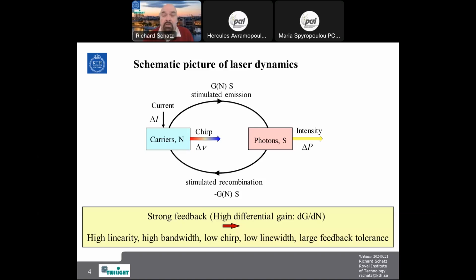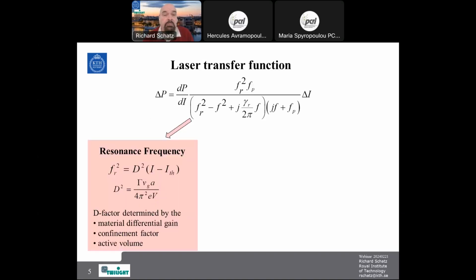When you look at how the laser transfer function looks, you have this three-pole behavior. This parenthesis here is the feedback loop I explained, and it works up to a certain resonance frequency where it has a resonance, and then it gives a decay of the modulation response.